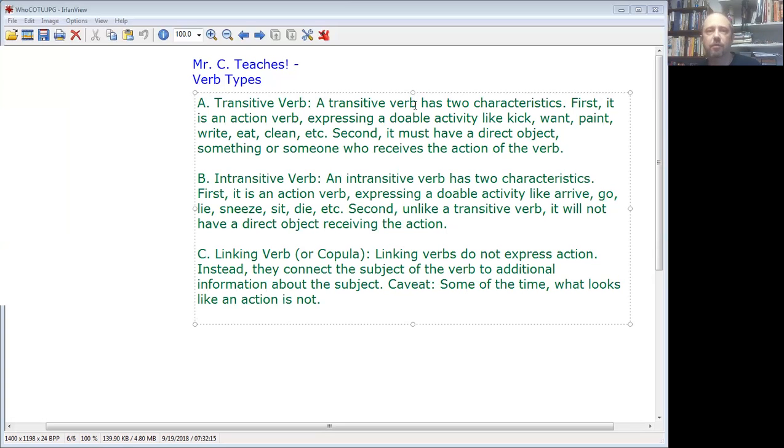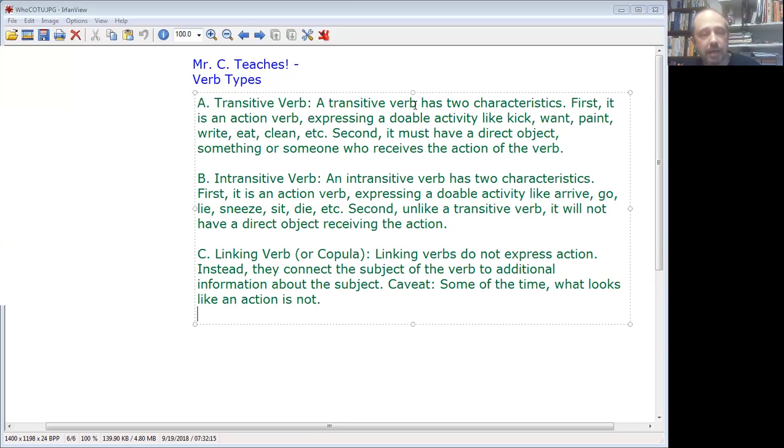And that additional information will be an adjective or a noun. And that additional information is referred to as the subject complement. Subject complement. So we have direct objects, no direct objects, transitive, intransitive verbs, and no action, but a subject complement. That's a linking verb. Pretty simple so far, I think.